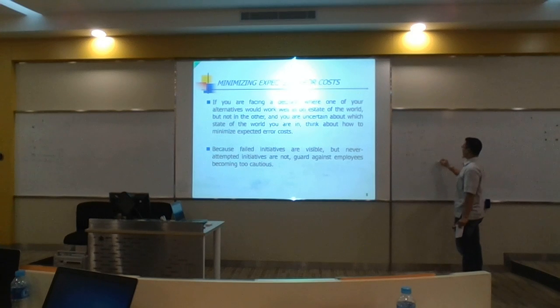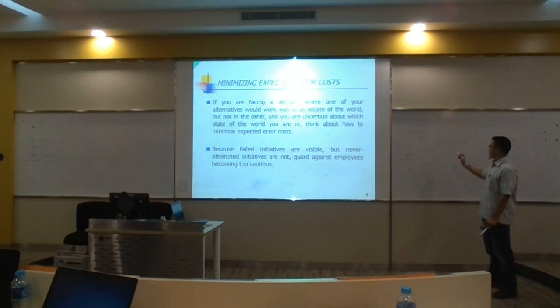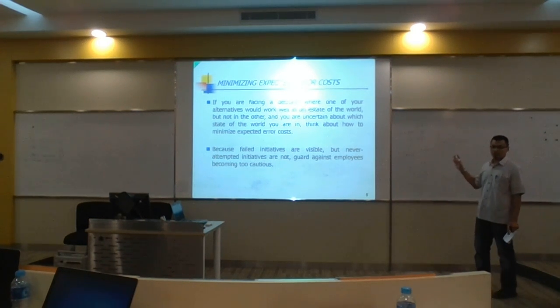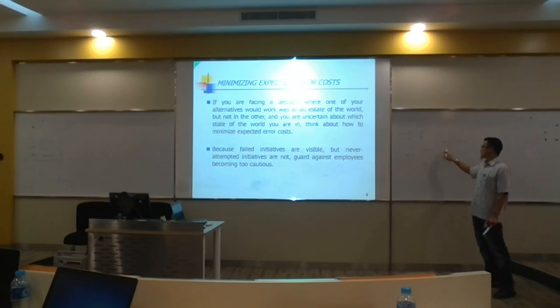From both of these, we will have two probabilities. The first is that the product will be profitable, and the second is unprofitable. So we will have four possible results. If the product is launched and profitable, or if the product is not launched and is unprofitable, we call it zero effect, or the correct decision.